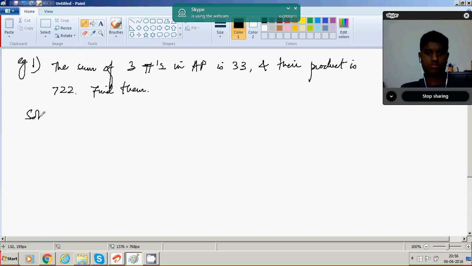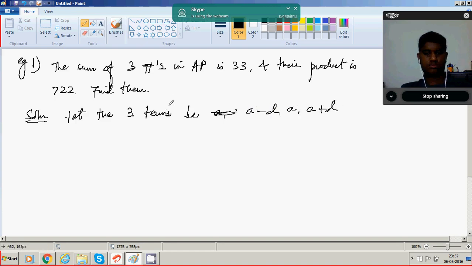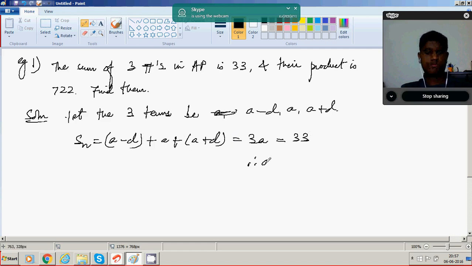So solution, let the three terms be a minus D, a, a plus D. So Sn equal to a minus D plus a plus a plus D equal to 3a equal to 33. Therefore a equal to 11 straight away.